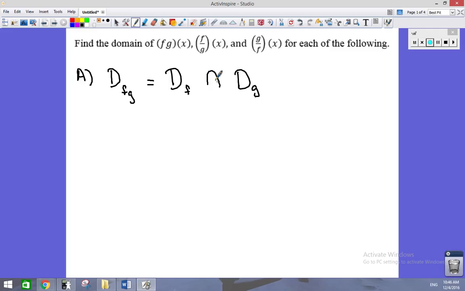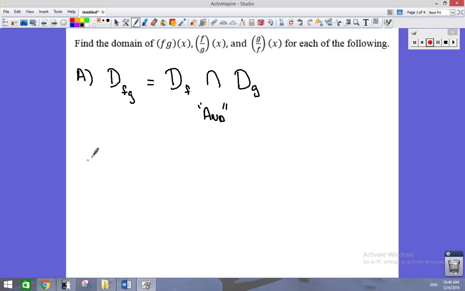This symbol is the intersection of two sets, and we read it as "and": the domain of f and the domain of g, meaning the members of the domain of f also have to be in the domain of g.